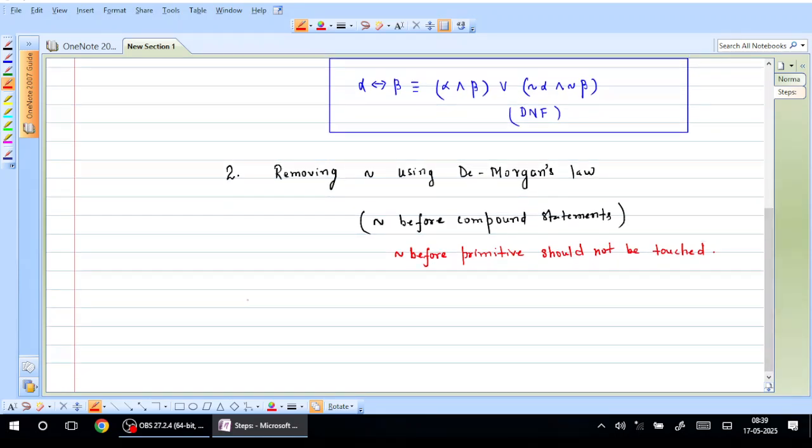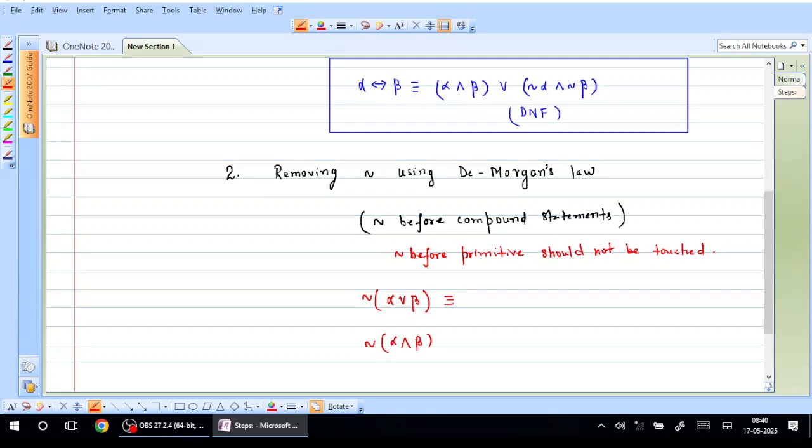What is De Morgan's law here? De Morgan's law means the negation of the join of two primitive statements and the negation of the meet of two primitive statements. So what is this?